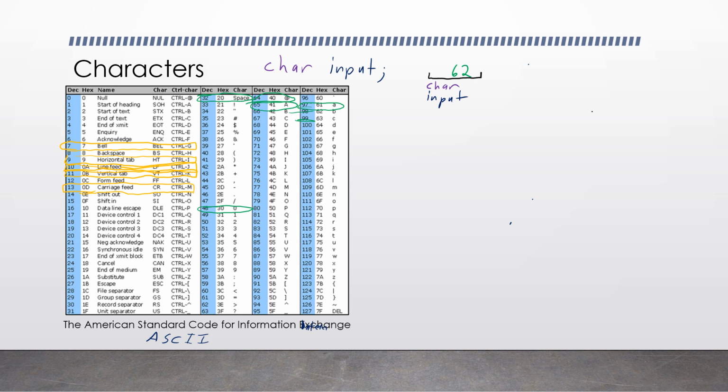So our number 62 that we entered over here is actually a greater than symbol. So if I printed this to the console, if I did cout input, it would print on the console a greater than symbol.